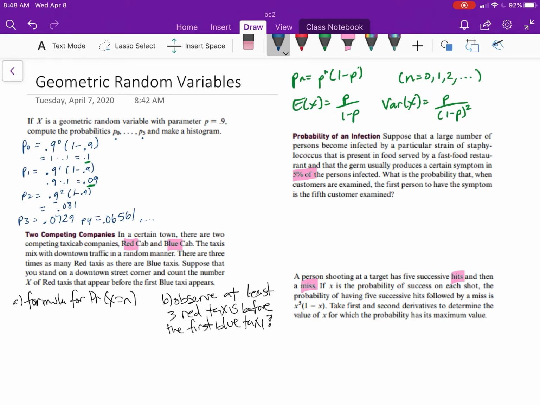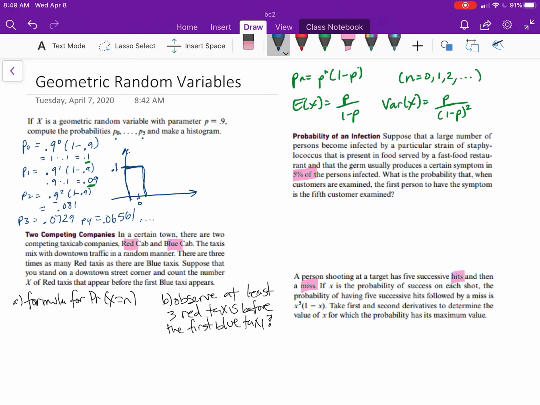Make a histogram. So p naught we get 0.1. Now, a histogram, we're not going to graph something continuous. I'm going to just start 0 here, and 0.1 is here, looks like this. Okay, they're discrete, right? It's not continuous. At p0, I get that value.